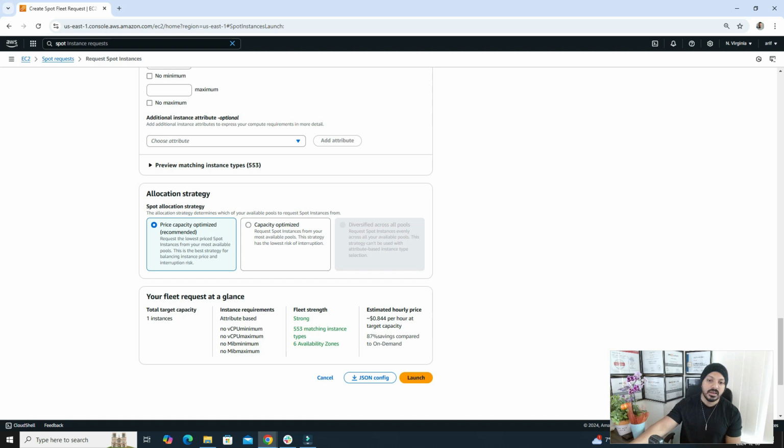And if we compare the price with on-demand, it's like 87% savings. So guess what? You are paying literally just 10% for the same resources that you might have paid on an on-demand basis. This is an excellent way to optimize your AWS compute cost.